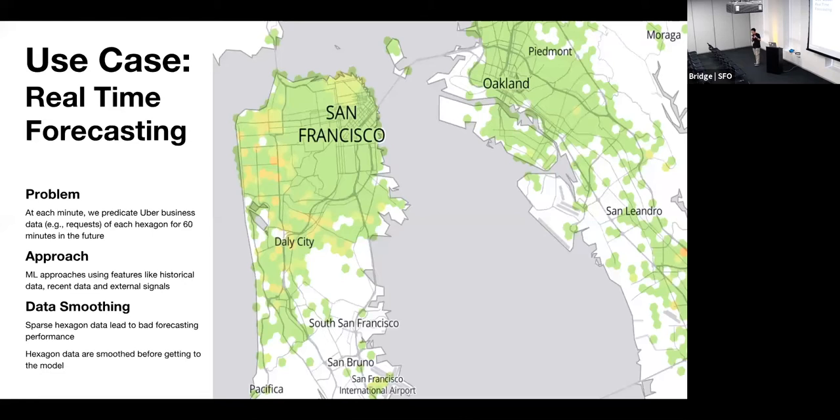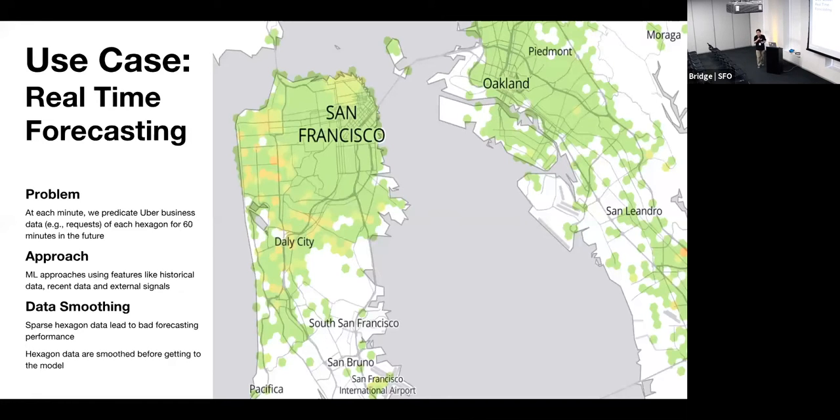We want to predict the future marketplace state, so we can use it to help us make decisions in the present. Apparently this is a very classical machine learning problem, right? We want to build prediction models. We want to take in data features to train the model to do the prediction.